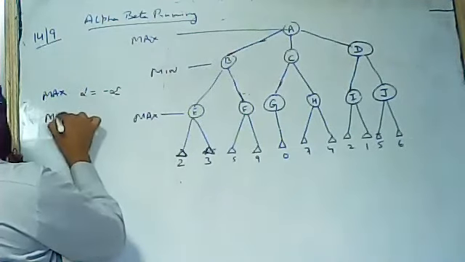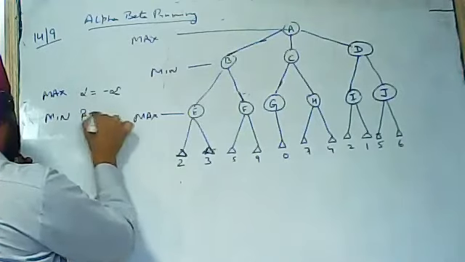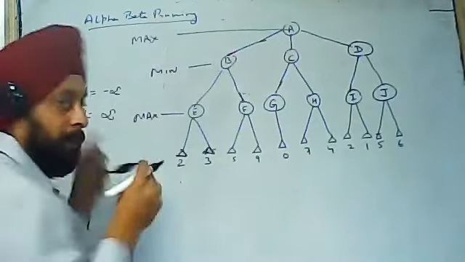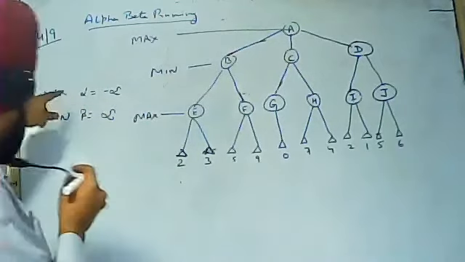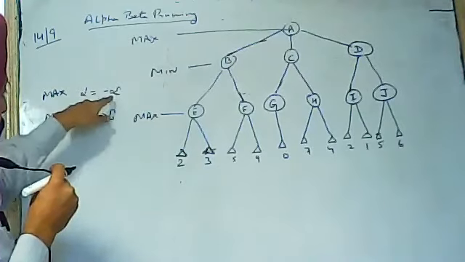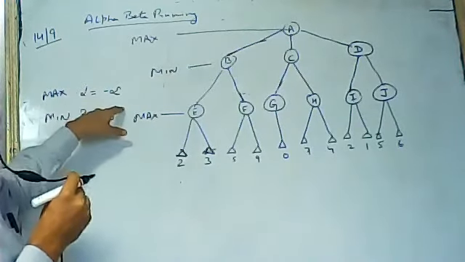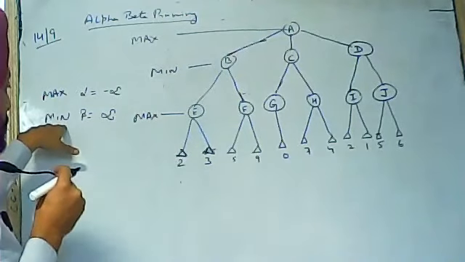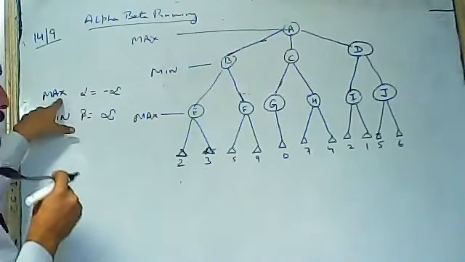The worst value of min is denoted by beta, and its value is infinity, because max wants to fetch the maximum points for itself, while min wants to give the minimum value to max.